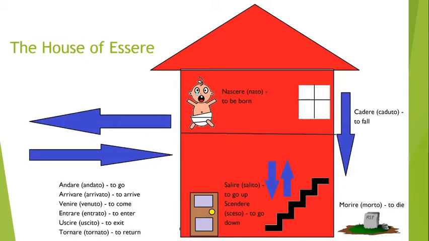Or sono nata, if you're a woman. So let's say you're going to the house, you have andare, andato. So you say sono andato, or sono andata, sono arrivato, o arrivata, sono venuto, sono venuta, sono entrato, sono entrata. See that? So all of these verbs that you see on this page are all essere verbs.